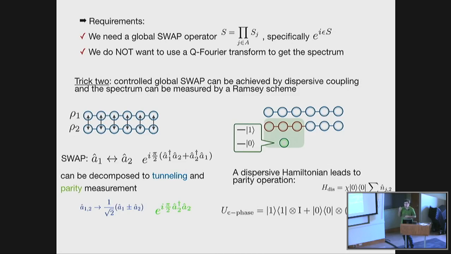The spectrum is a bunch of real numbers, so in the end, I can just read it through some Ramsey spectroscopy of this ancilla. Sorry, I'm not giving all the details, but that's the big picture. We do basically Ramsey spectroscopy on this ancilla, and then it extracts the spectrum of the entanglement.